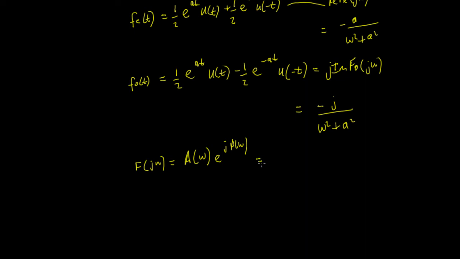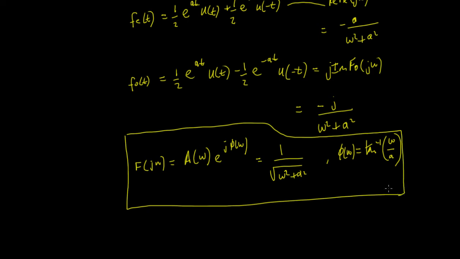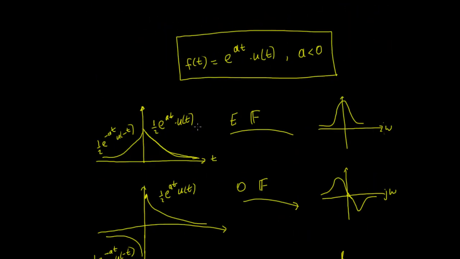Now the magnitude would be 1 upon root of omega squared plus a squared, and the phase of omega would equal inverse tan of omega upon a. Okay, so that there is generally the end point. So that's an analytic version of the description of the Fourier transform of our original function here.